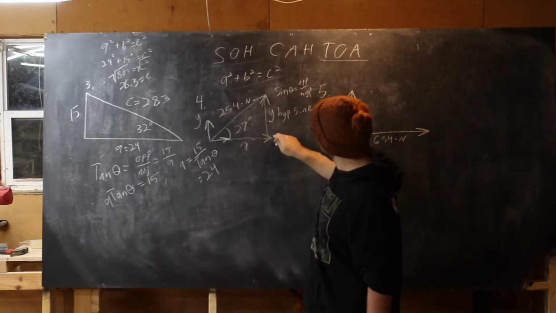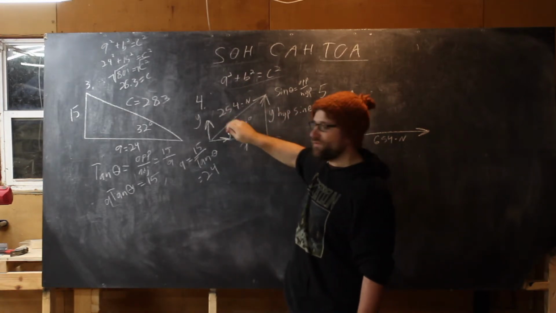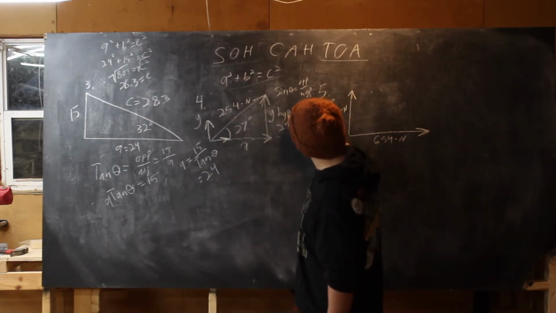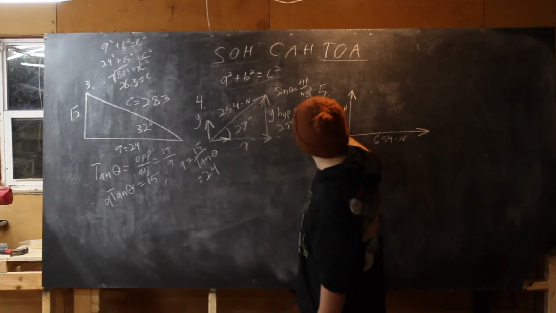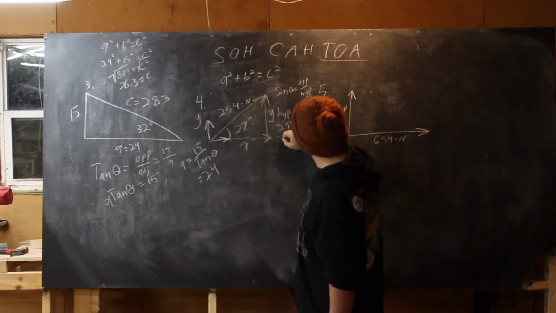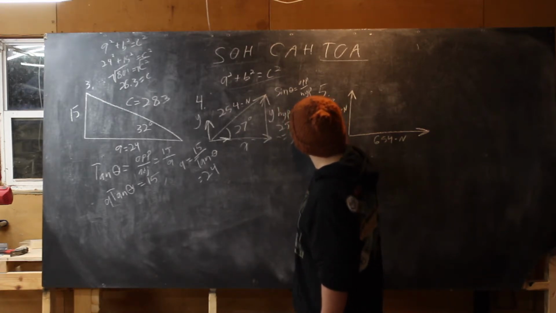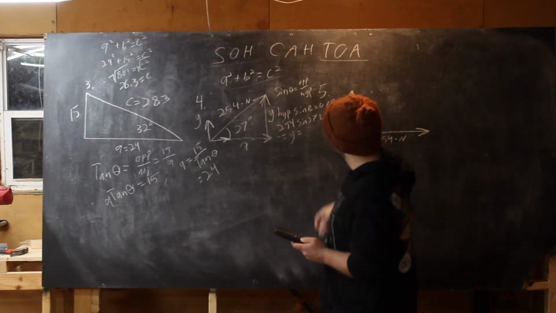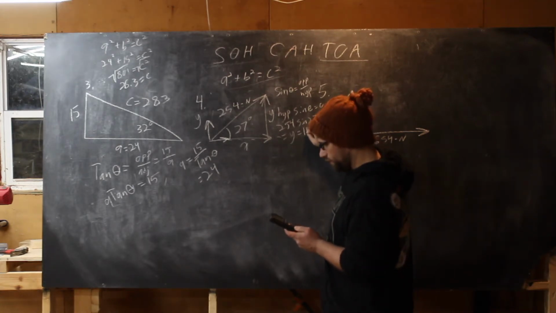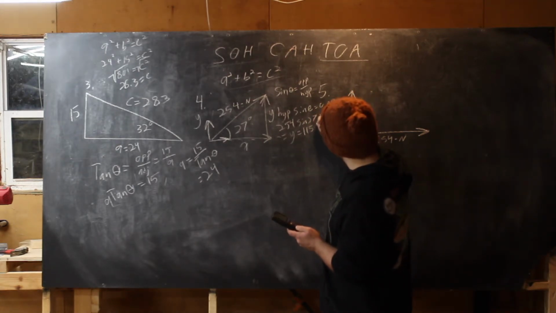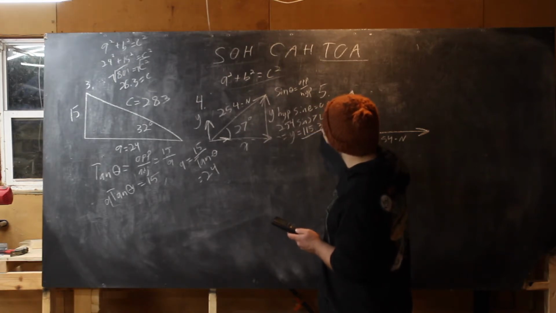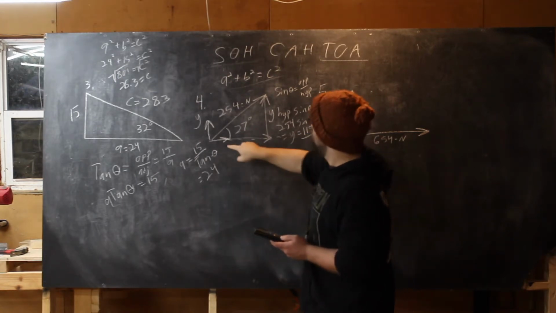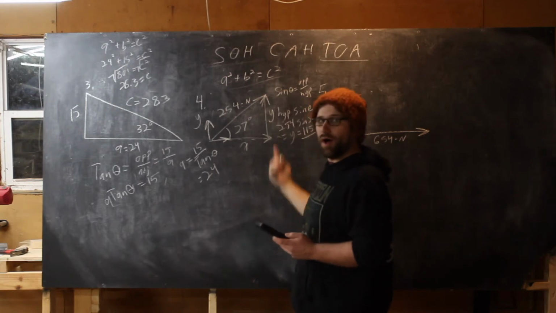So, in this case, that hypotenuse is 254. So 254 times the sine of 27 will give me my y. So let's go ahead and punch that into our calculators. And that'll give me 115.3.